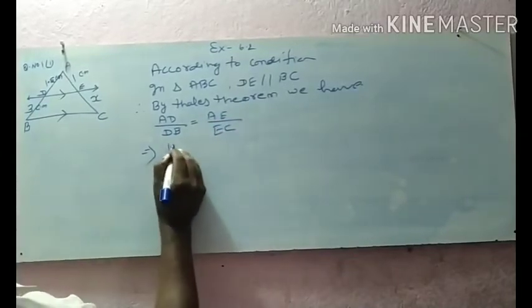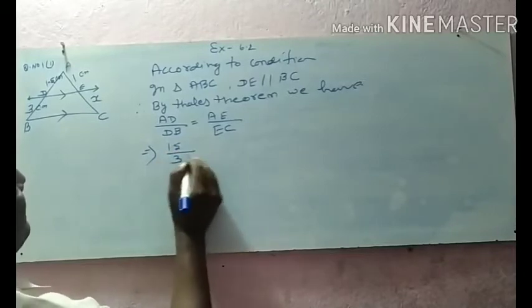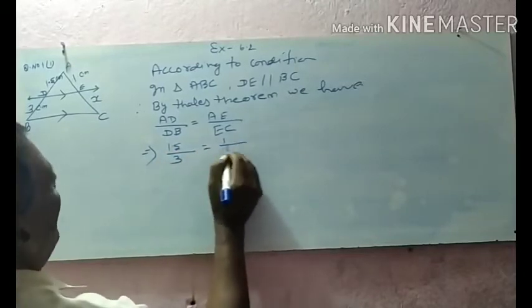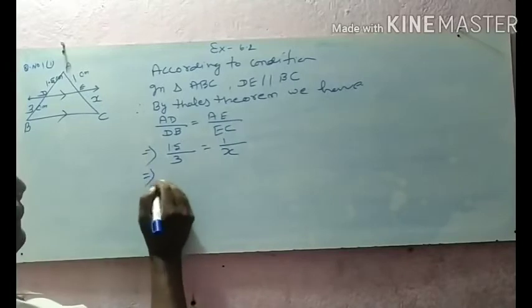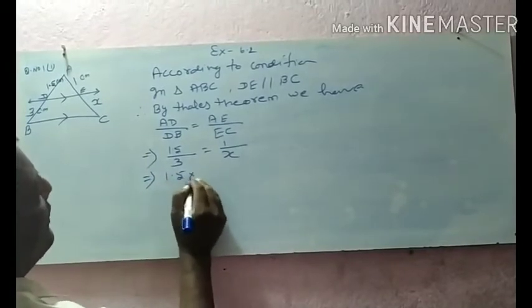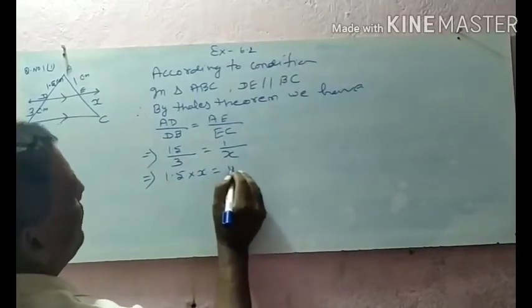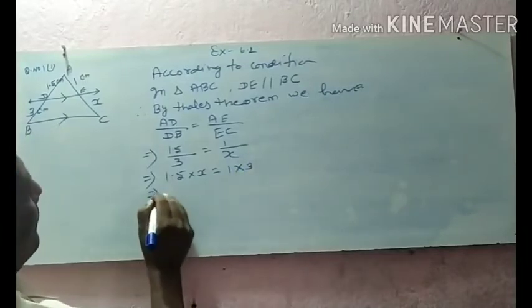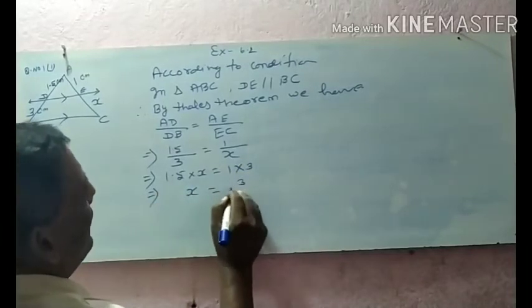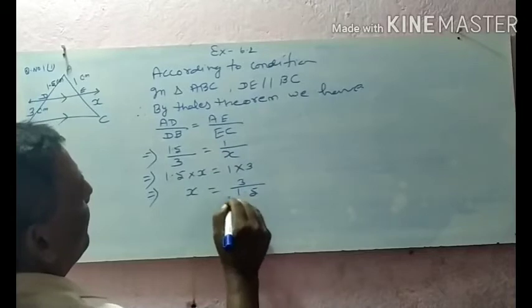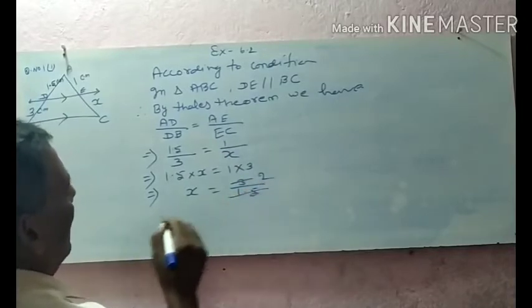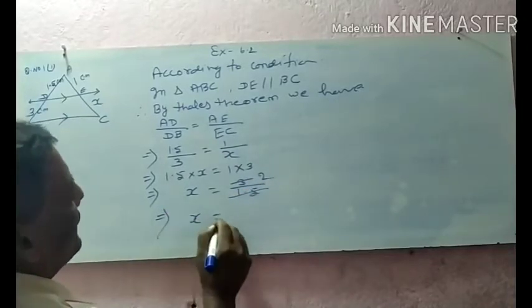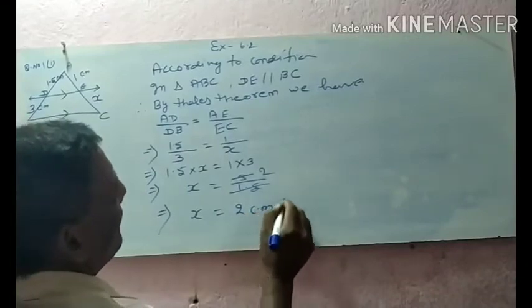That implies 1.5 by 3 is equal to 1 by x. That implies 1.5 into x is equal to 1 into 3. That implies x is equal to 3 by 1.5. That implies x is equal to 2 centimeter.